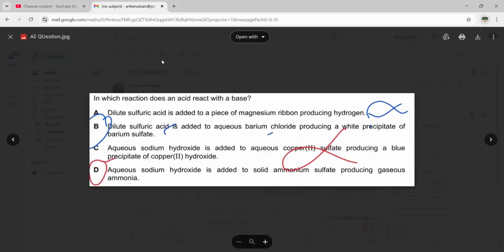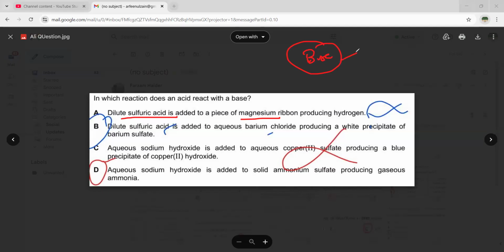In which reaction does an acid react as a base? For an acid to react as a base, a neutralization acid-base reaction should occur. The neutralization should be there. Dilute sulfuric acid is added to a piece of magnesium. Remember one thing, what is the definition of a base?